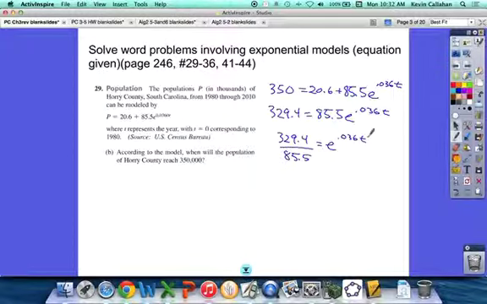Then we have ln of 329.4 divided by 85.5 equals 0.036t. Divide by 0.036.